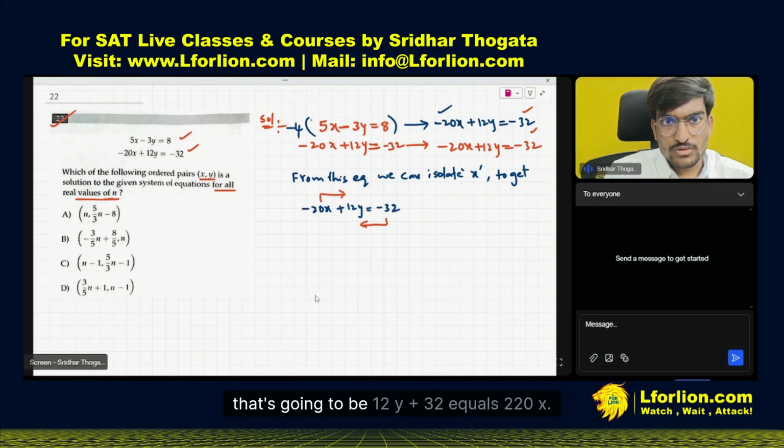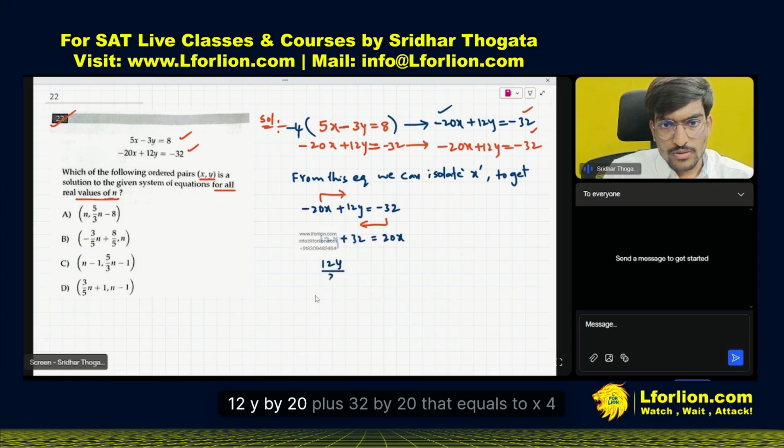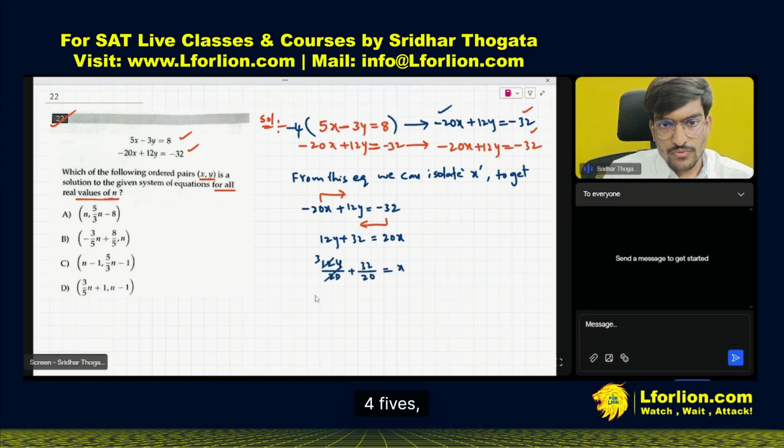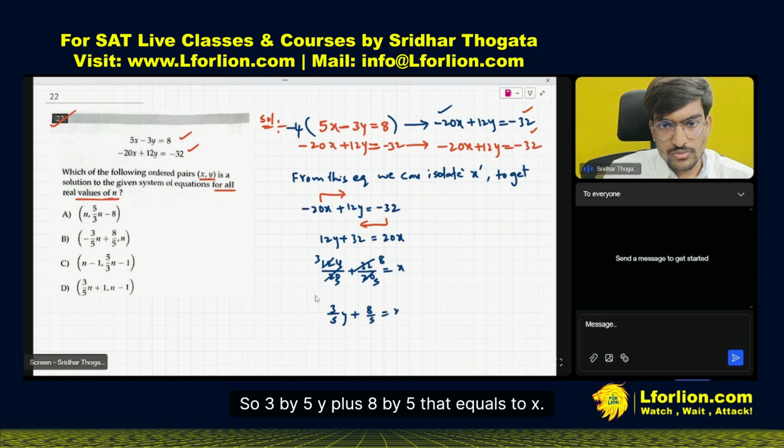That's going to be 12y plus 32 equals 20x. 12y by 20 plus 32 by 20 equals x. 4 3s are 12, 4 5s are 20, 4 8s are 32, 4 5s are 20. So 3 by 5 y plus 8 by 5 equals x.